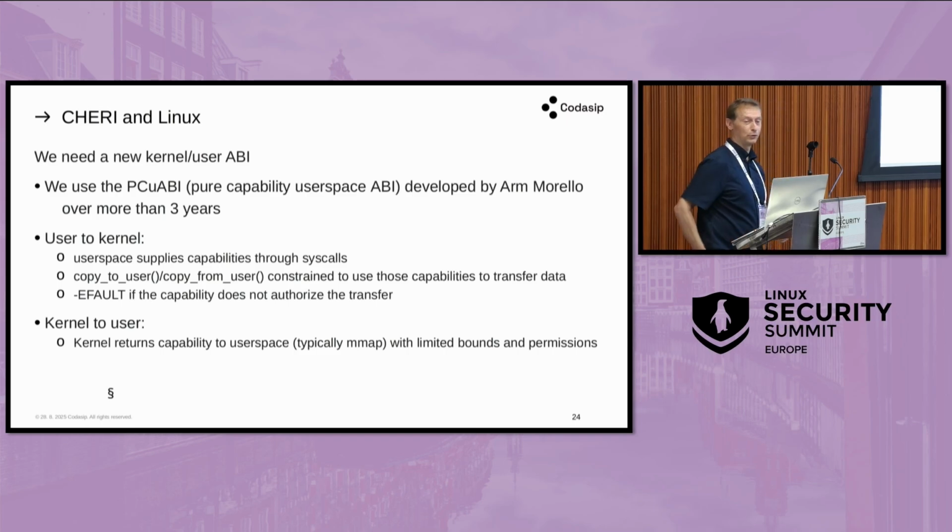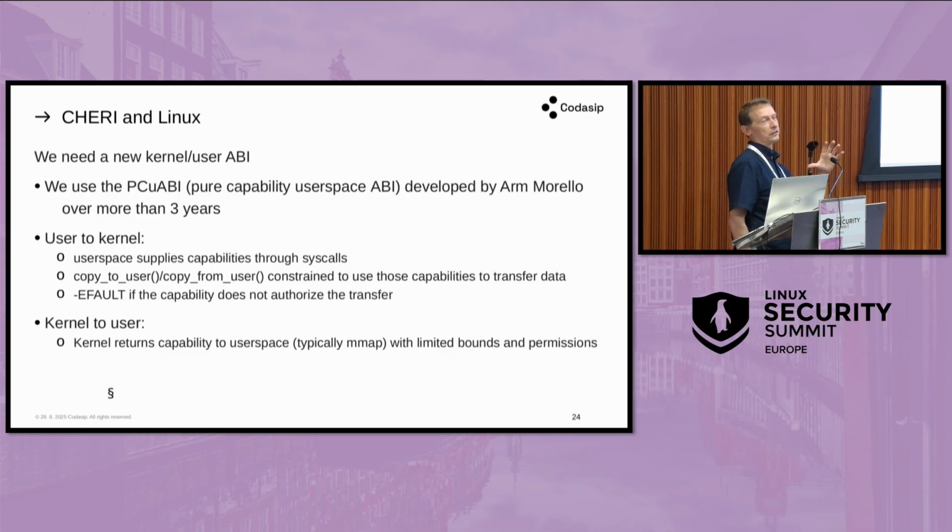So, as I mentioned, for CHERI and Linux specifically, we need a new API. So we have this thing called the Pure Capability API. Obviously, now we have to think about things like, between the user and the kernel, syscalls passing capabilities.